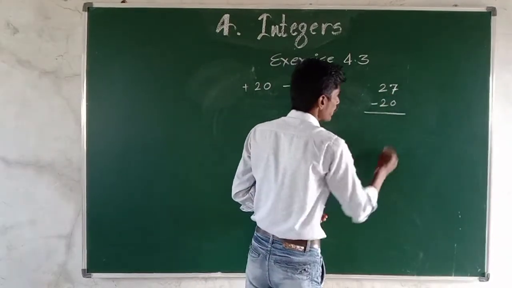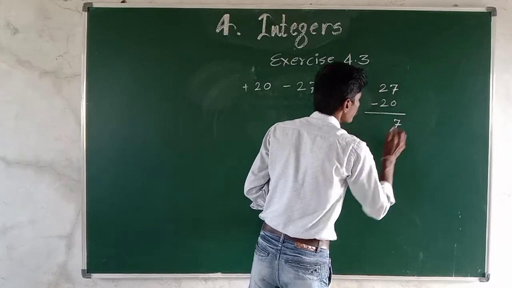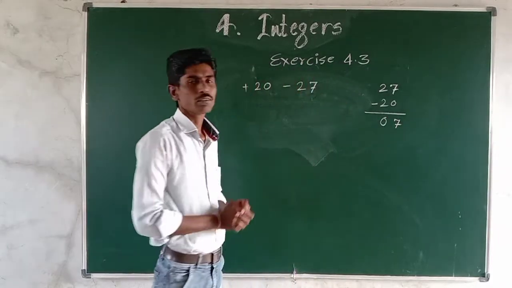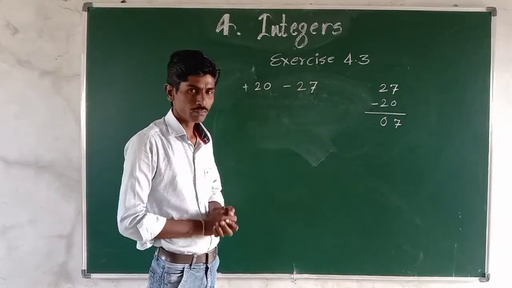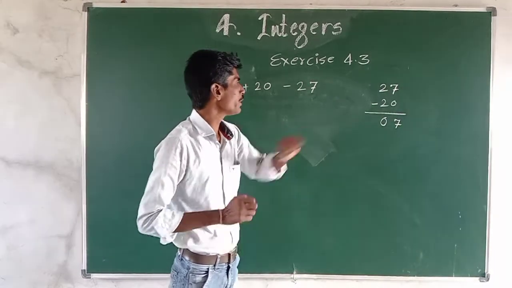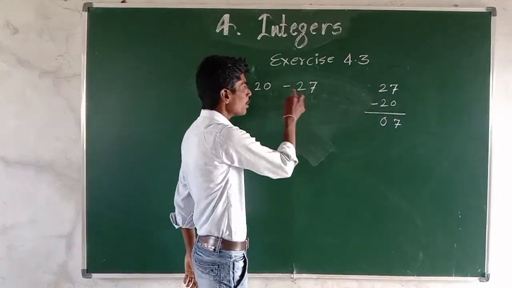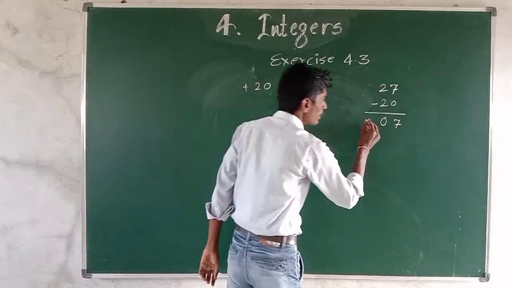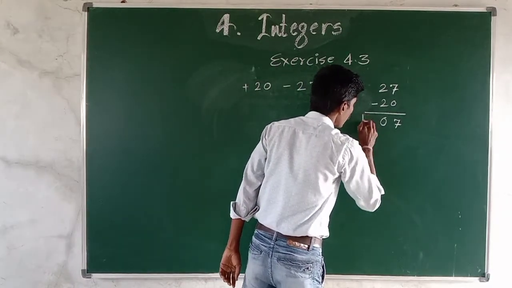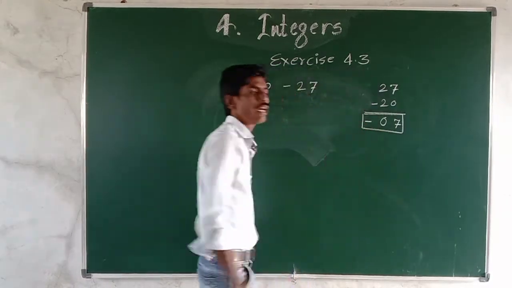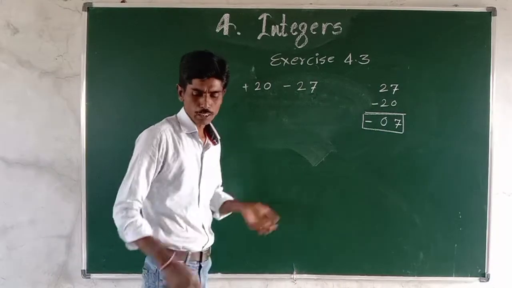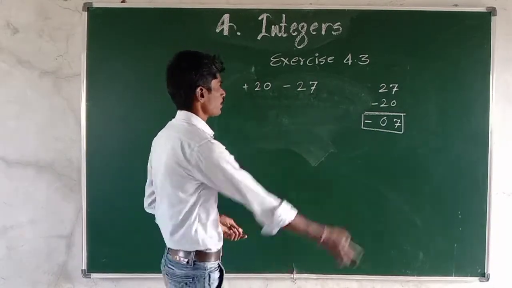So 27 minus 20 is 7. But what about the sign? The sign will be that of the bigger number, which has a minus sign, so the answer will be a minus.